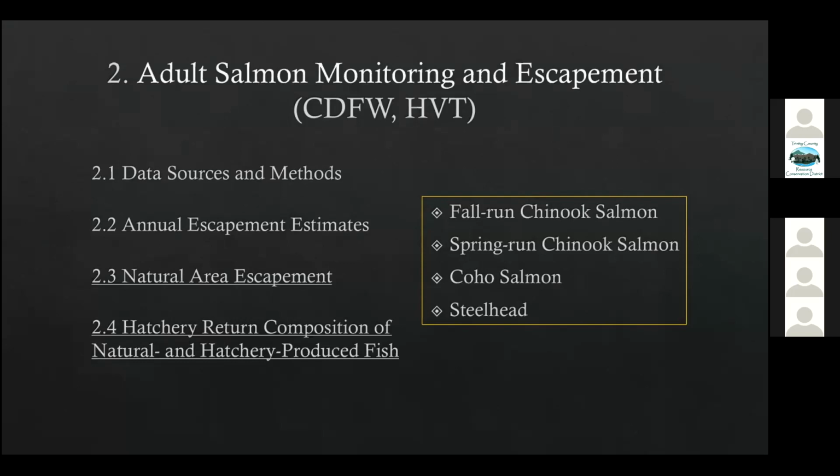This is the weir-based monitoring conducted by the state and Hoopa Valley Tribe, where we collect data from 4 runs of salmon in the Trinity River: fall-run Chinook, spring-run Chinook, coho, and steelhead. In this presentation, I'm going to focus on the 2 underlined sub-items at the bottom: natural area escapement and hatchery return composition of natural and hatchery produced fish.